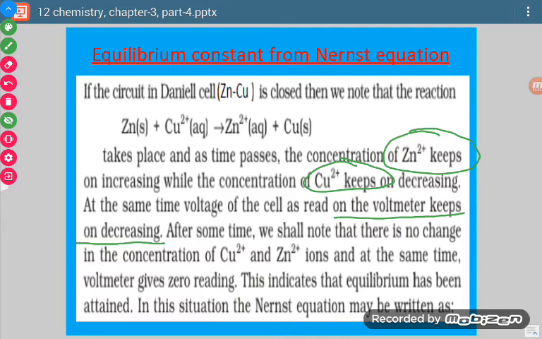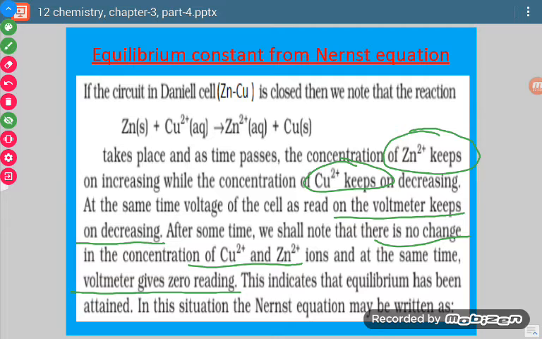Whatever value we get in the beginning, with the passage of time, since there is a change in concentrations, keeps on decreasing. After some time we will note that there is no change in the concentration of copper and zinc, and at that time the voltmeter will give 0 reading. This is the point of equilibrium.